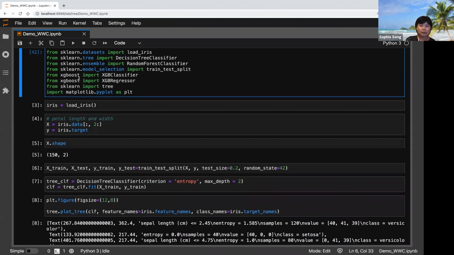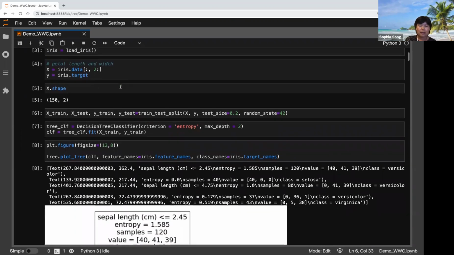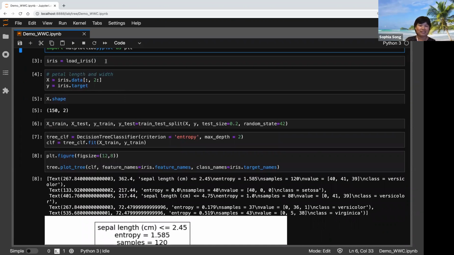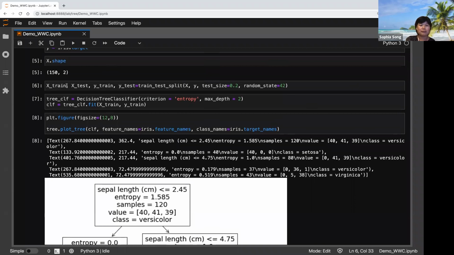After I install XGBoost, I import the classifier and regressor, and then I use a toy data set from scikit-learn, the iris data set, to load the data and do the decision tree classification. First I split my data into training and test sets, for both the predictor variables and the target variable.